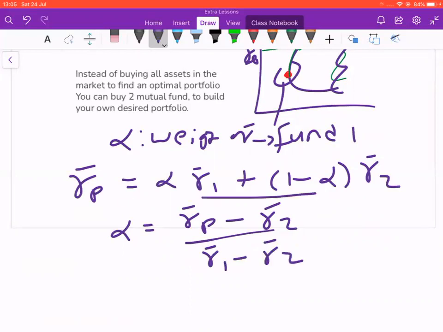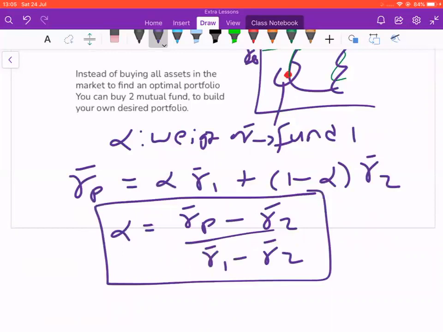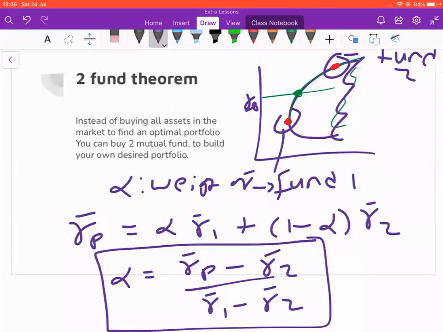So this is how you use the two-fund theorem. You can see it's much easier. There's no need for you to even calculate the variance or anything. As long as you know the returns of these two funds, you can basically find how much weight you should invest in fund 1 and in fund 2.